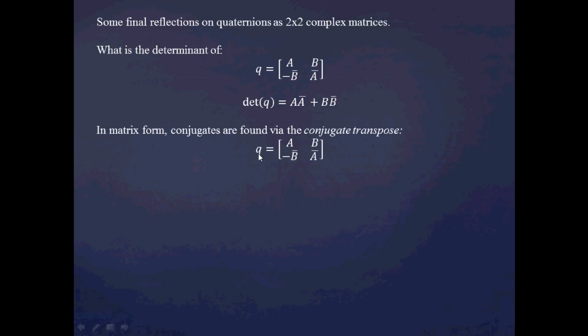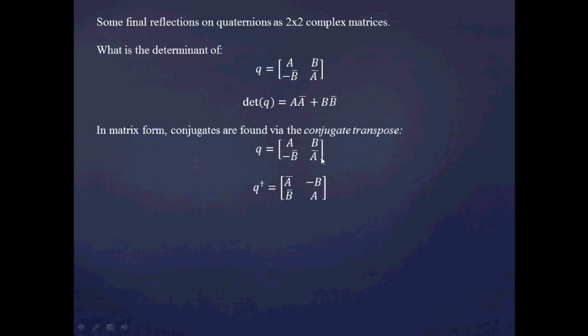If I start with Q, to get the matrix representation of Q bar, I'm going to take the complex conjugate of all the values in this matrix and then take the transpose. Now let me show you how that plays out. The entries on the main diagonal, when I take the transpose, aren't going to change their position.